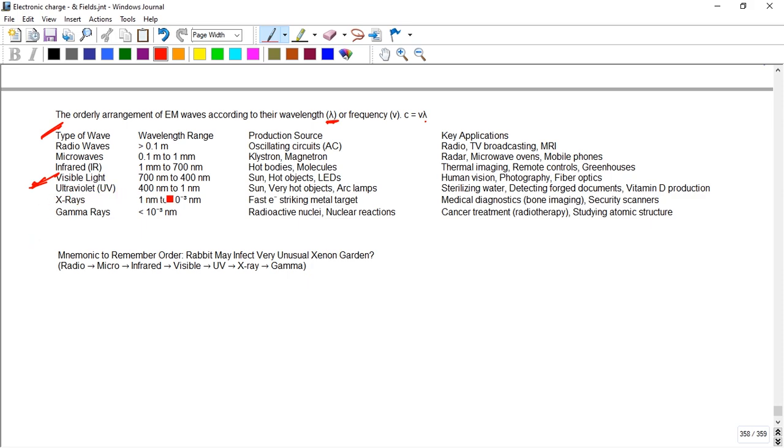Ultraviolet: 400 nanometer to 1 nanometer, from the sun, very hot bodies, and arc lamps, used for sterilizing water, detecting faults in documentation, and vitamin D production. X-ray: 1 nanometer to 10^-3 nanometer, from fast electrons striking a metal target, used for medical diagnostics, bone imaging, and security scanners. Finally, gamma rays: less than 10^-3 nanometer, from radioactive nuclear reactions, used in cancer treatment and radiotherapy.